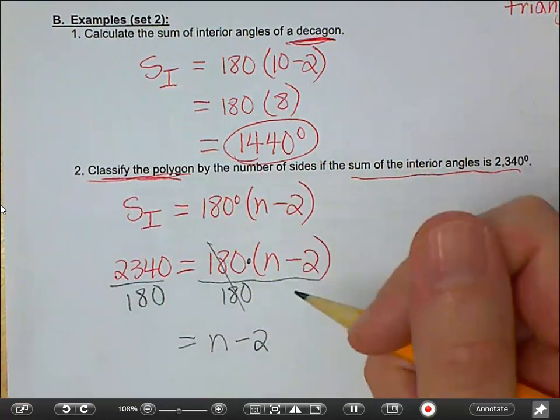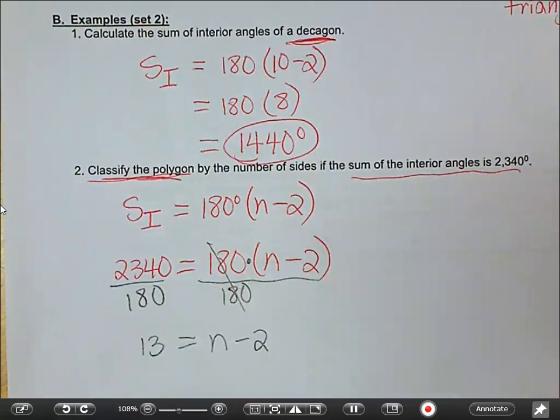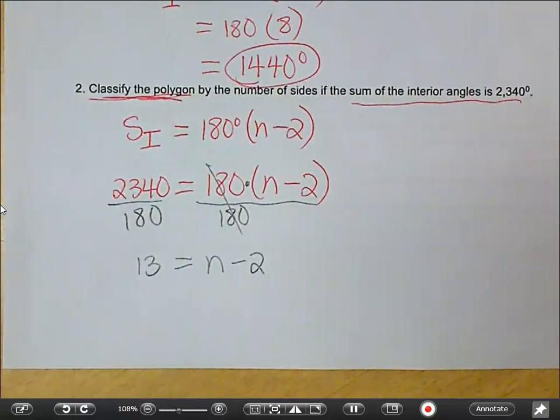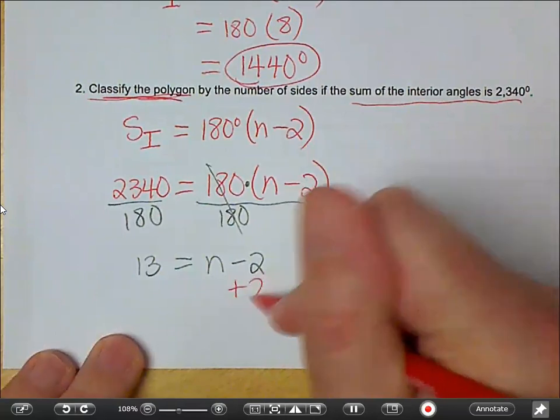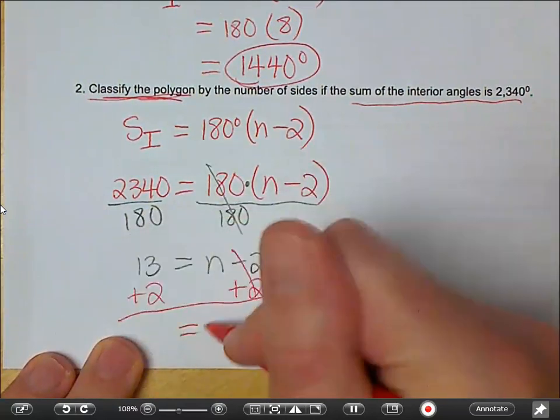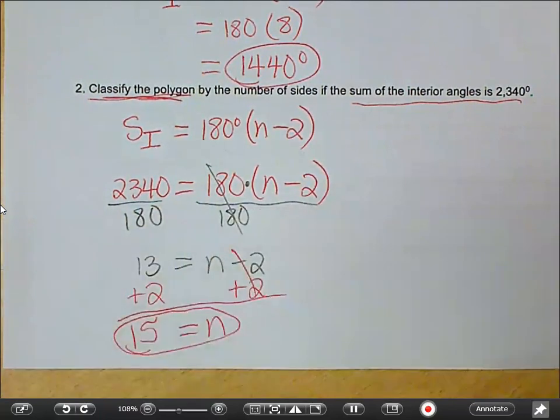Use a calculator if you need to. This divided by 180 will give you exactly 13. Okay, yeah, that's a little bit nicer than what you would have gotten if you distributed, because now you're going to solve this the same way you've done for years, just by doing some inverse operations, and you get n equals 15.